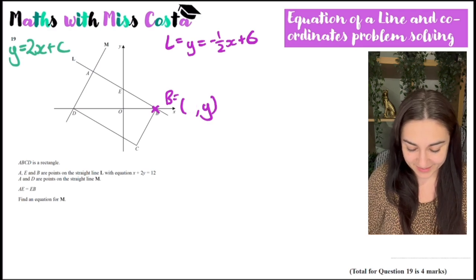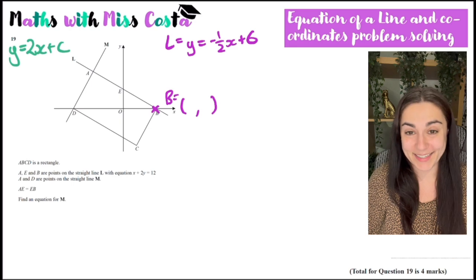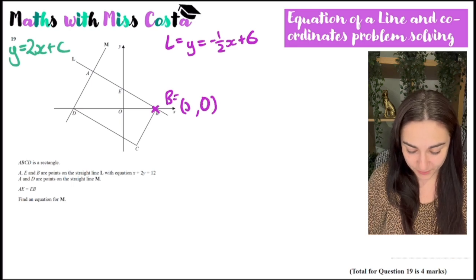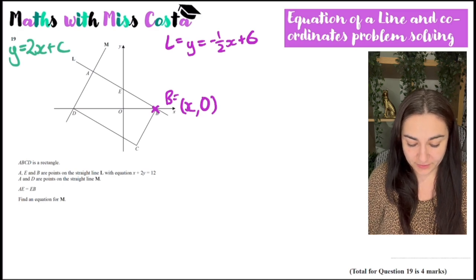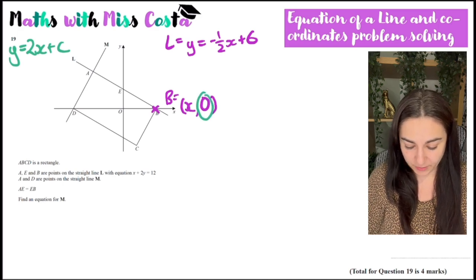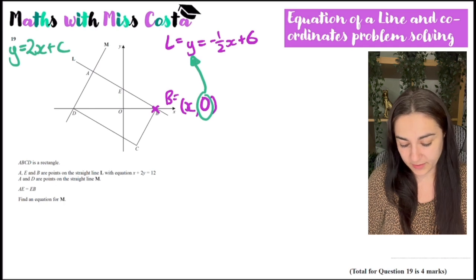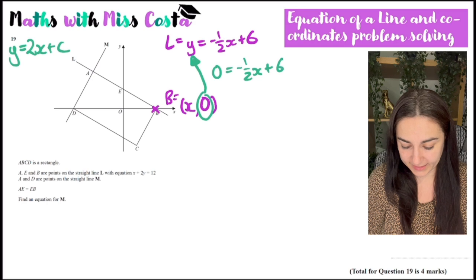Sorry, it crosses the x-axis, therefore y is 0. So I could work out the x coordinate. How can I do that? By substituting 0 into this equation. So I'd say that 0 equals minus a half x plus 6.